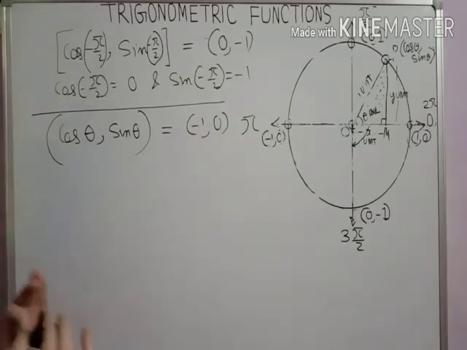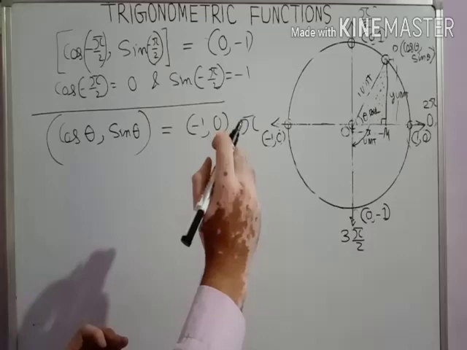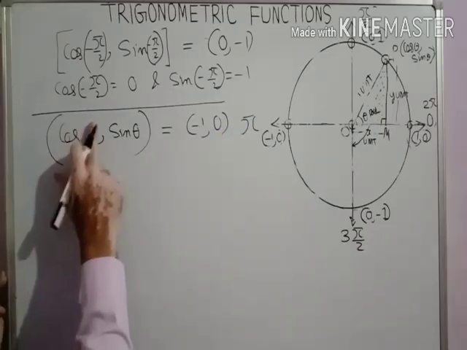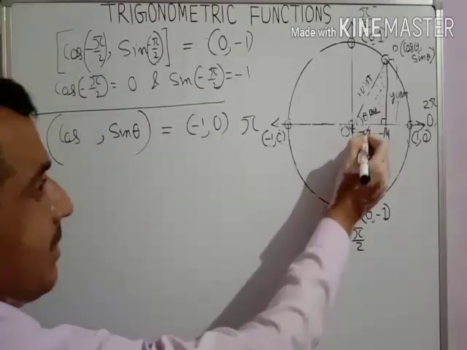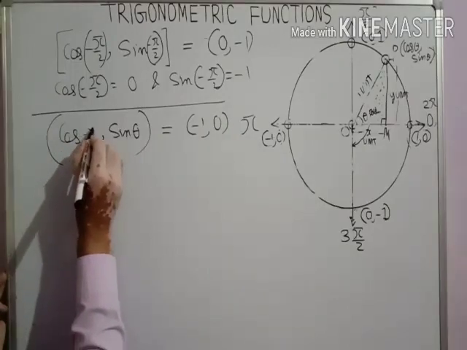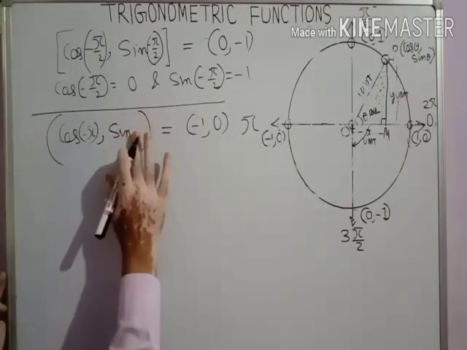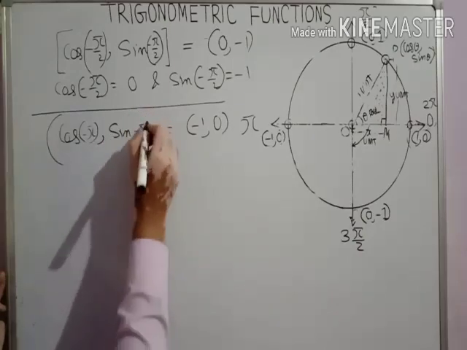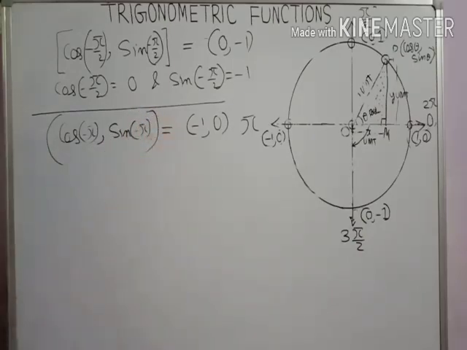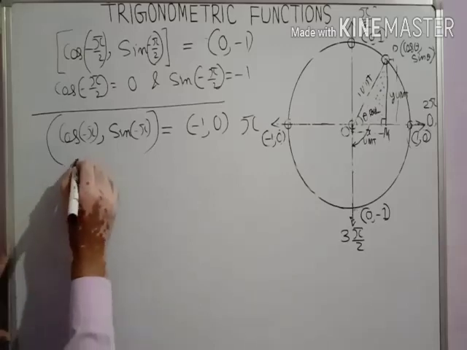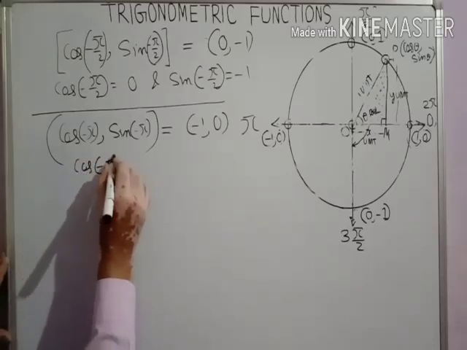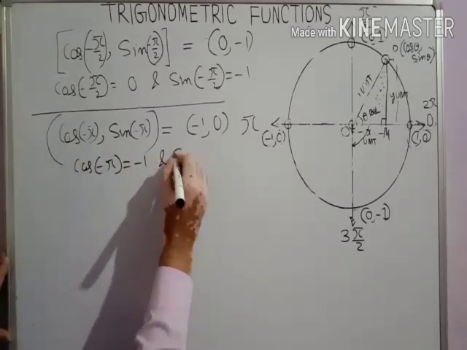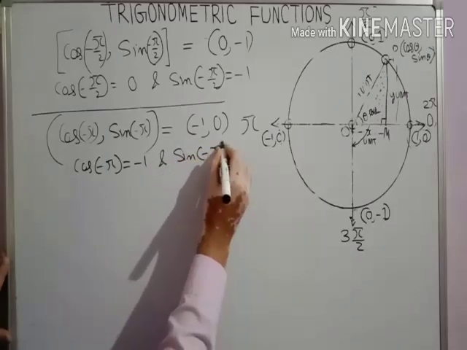If I ask you at which theta, this time we are getting theta negative. You said, sir, this time theta is minus pi, minus 180 degrees or minus pi radians.